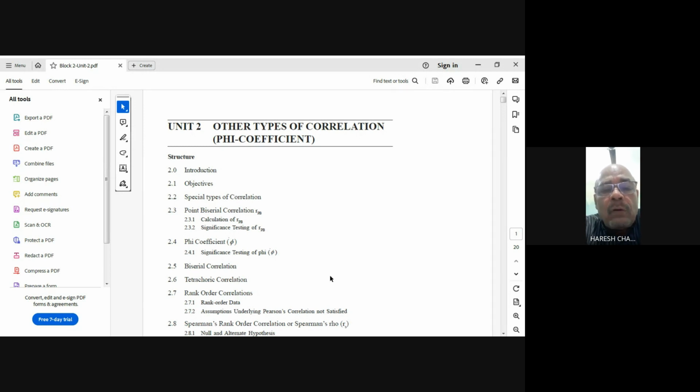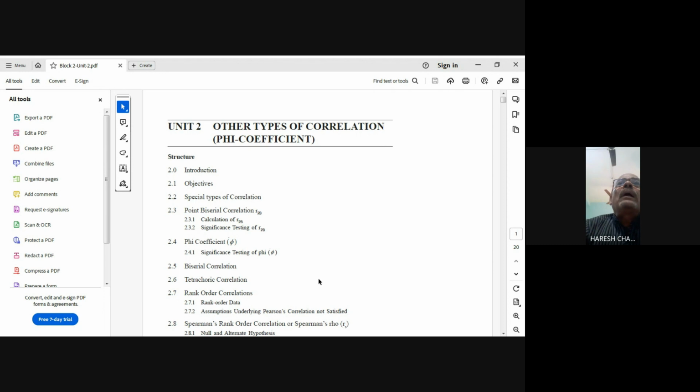Therefore, there are certain assumptions about it. Parametric statistics means you have to have your data in interval or ratio scale, normality of distribution. Some stringent assumptions are there, but it will not always be available to you. Therefore, you may go for other kinds of statistical analysis.